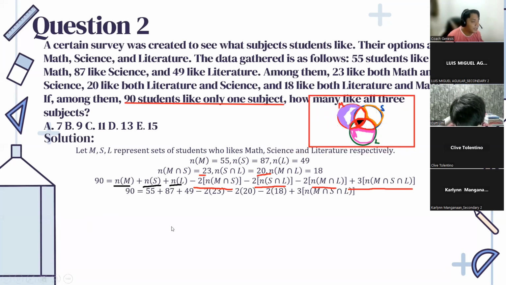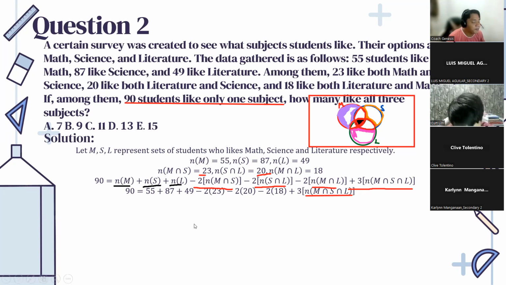Then you will get n equal to 55 plus 87 plus 49 minus 2 times 23 minus 2 times 20 minus 2 times 18 plus 3 n of M and S and L. So this is what we need to solve, this value right here.